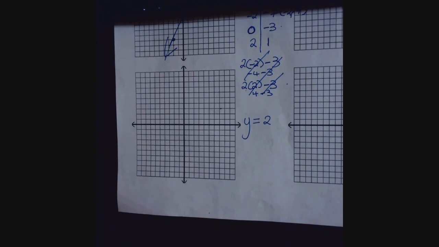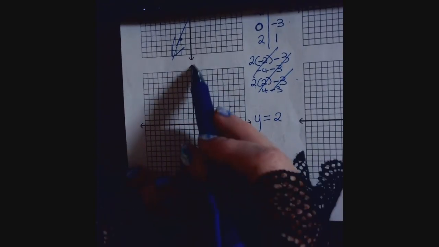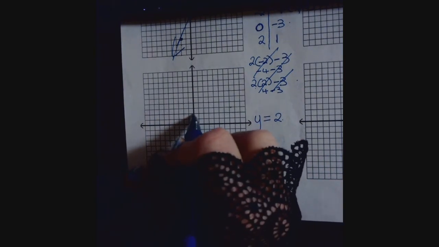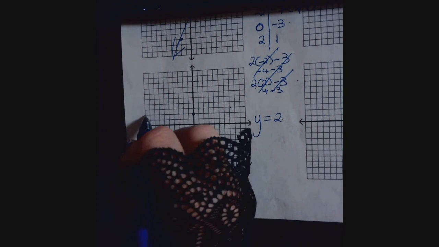All right, so this means that this goes through the y equals 2. Okay, so even though the y-axis goes up and down, when you graph y equals 2, it's going to go from side to side because it's going to go through a positive 2 and it's going to look like this.